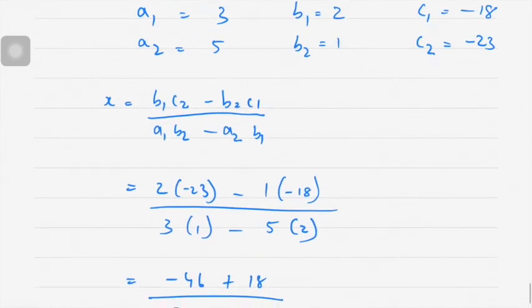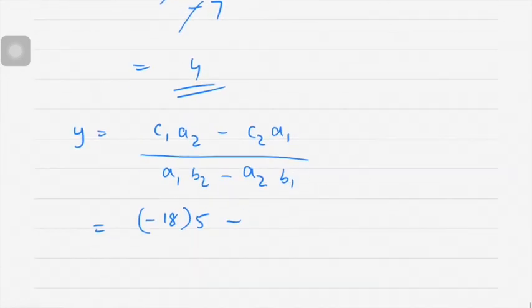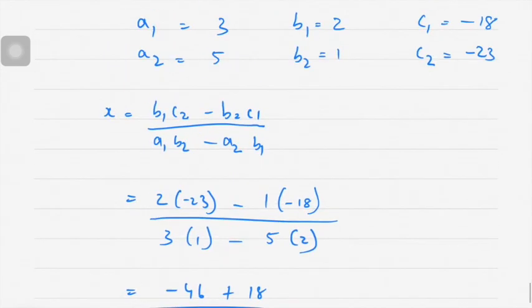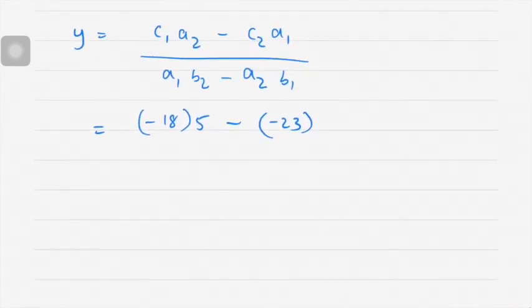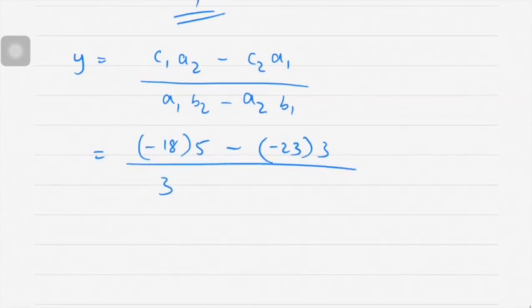Minus 18 into 5, minus C2, minus 23, minus 23 into A1. A1 is 3.